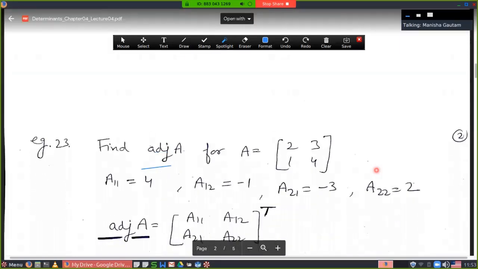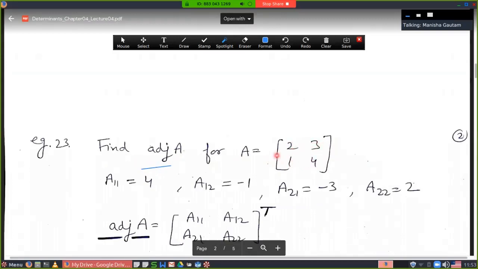Now, for example, find the adjoint of a matrix A having elements 2, 3, 1, 4, a 2 by 2 matrix. To calculate the cofactors of the elements, for the first element delete the first row and first column, and you will get 4.